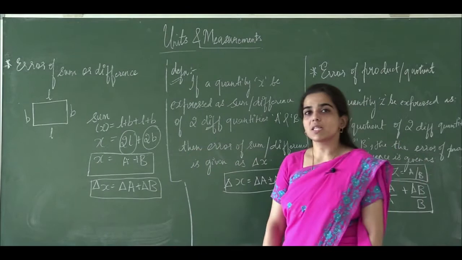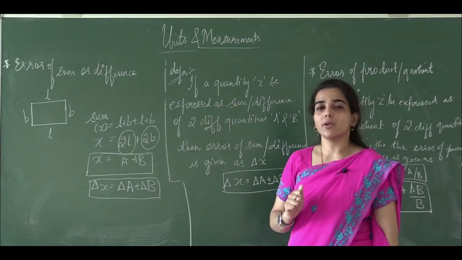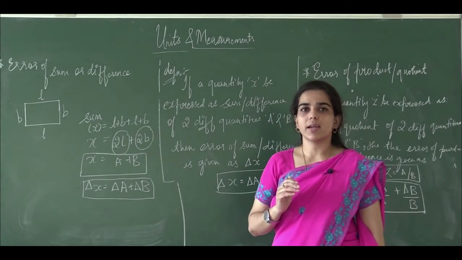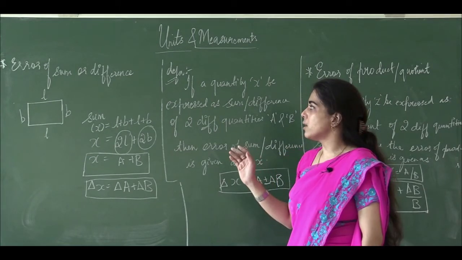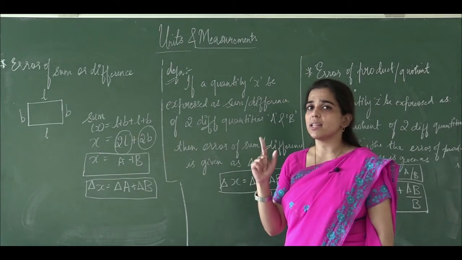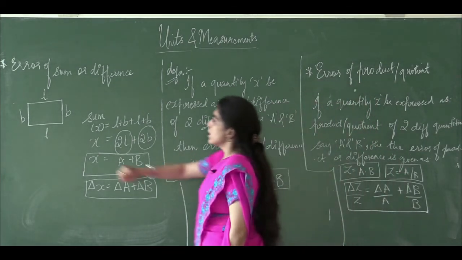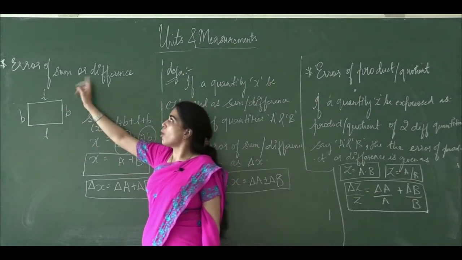So the next concept we have is the error of sum or difference. How do we calculate the error of this sum or difference? In order to understand this, let us consider an example where we take a rectangle. We know that a rectangle has two things, the length and the breadth. We are talking about the sum or difference.